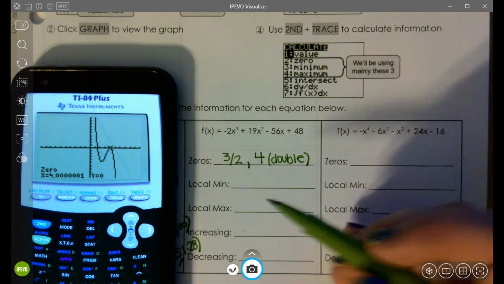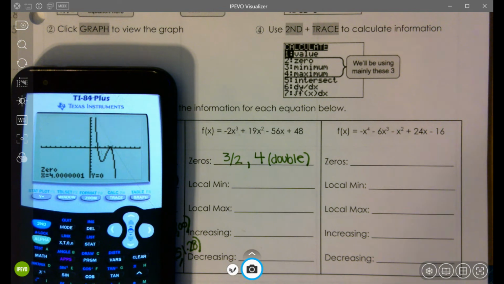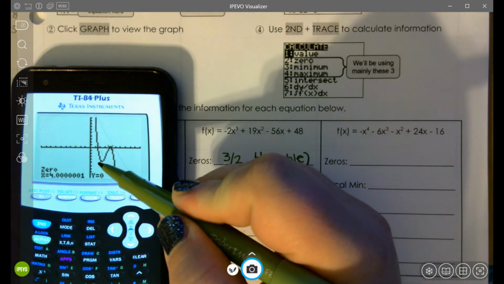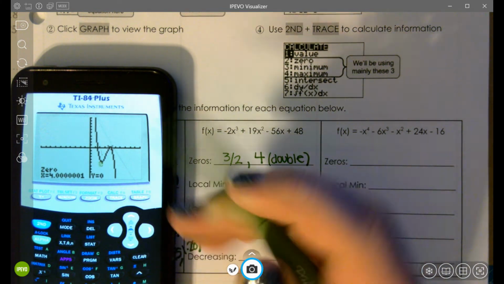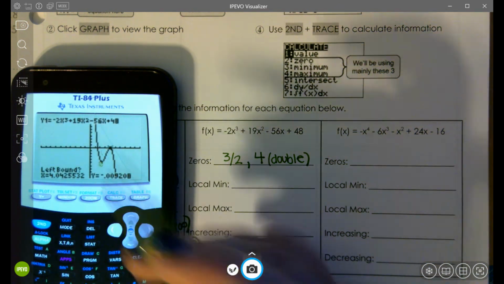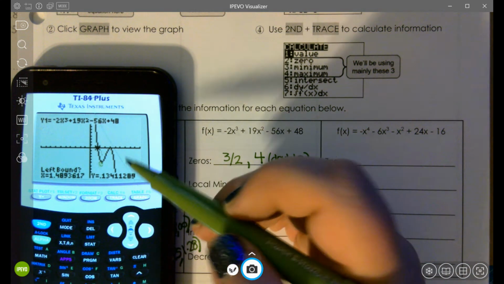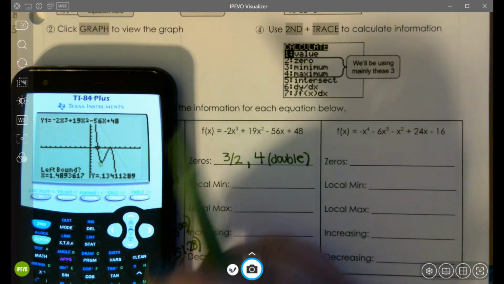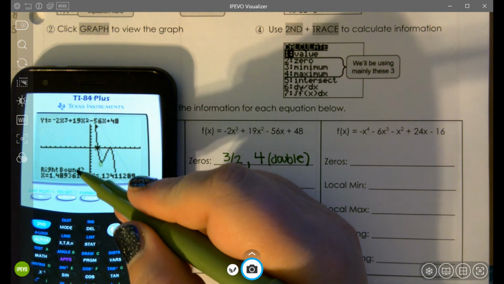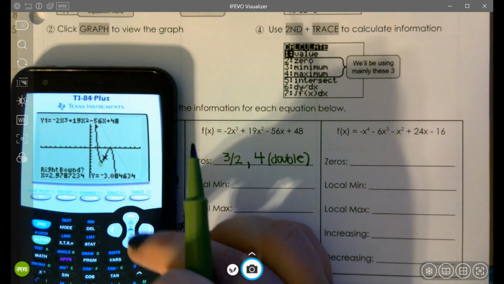Okay? And then I'm going to go find my local min. Guess what? There's only one this time. It's right here. So I'm going to go second trace, minimum, and I'm going to move my cursor to the left until it's on the left side of this point. Hit enter. It's going to direct me to find the right bound, so I'm going to hit the right arrow until it's on the right.